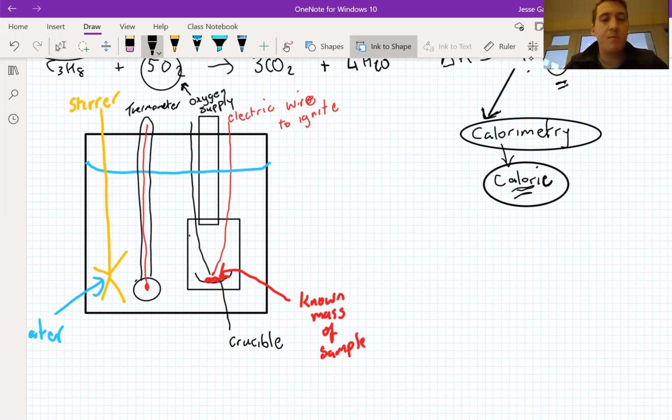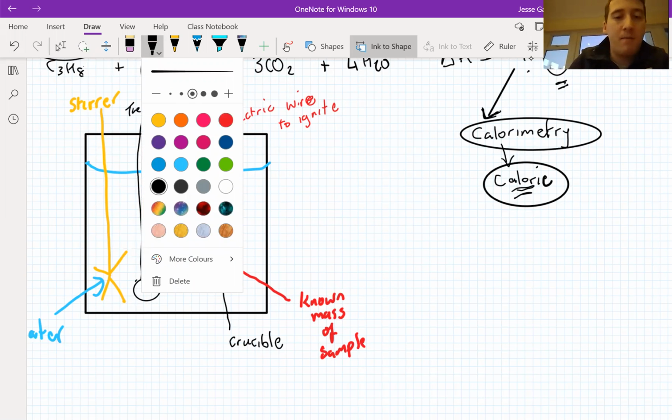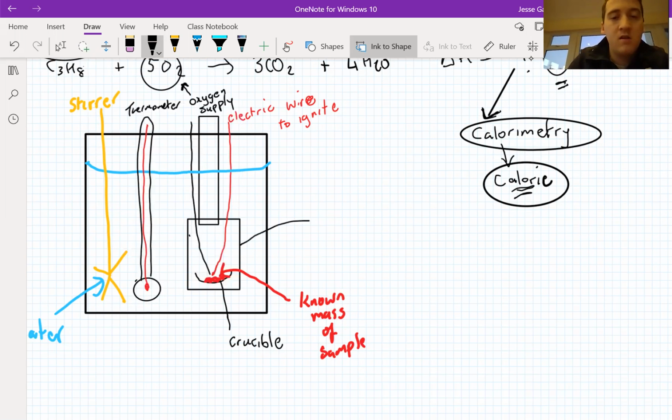So obviously we're going to burn the fuel inside the chamber, and this chamber is known as a bomb. Like an exploding bomb, it's called a bomb. So inside the bomb, you put the sample, you seal it, you provide oxygen through the oxygen supply, and then you give a spark, and that ignites the fuel inside the bomb. The fuel burns, and obviously it's combustion, so it's going to release heat.